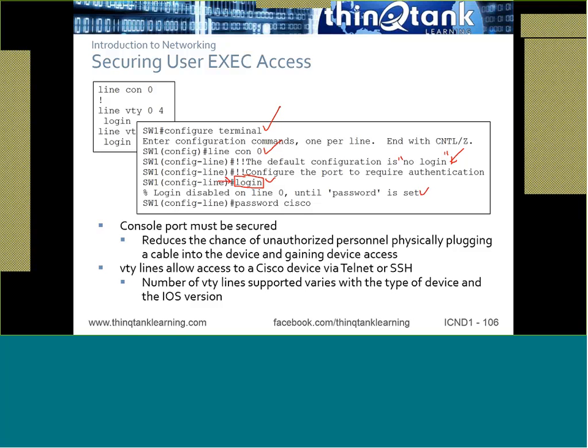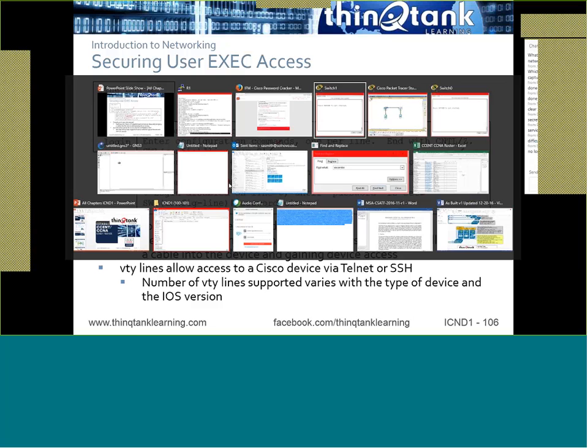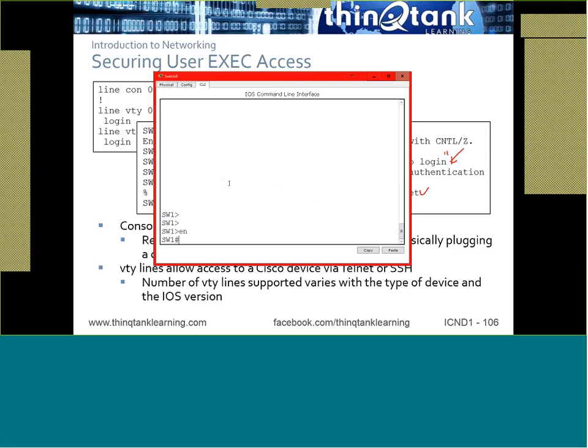So go ahead and set up your console authentication. All right? Go ahead and set up your console authentication. Let's go ahead and set the password to Cisco in both cases for both switches. Let me demonstrate the first switch here. Enable. Well, let's set our enable secret password first, right?